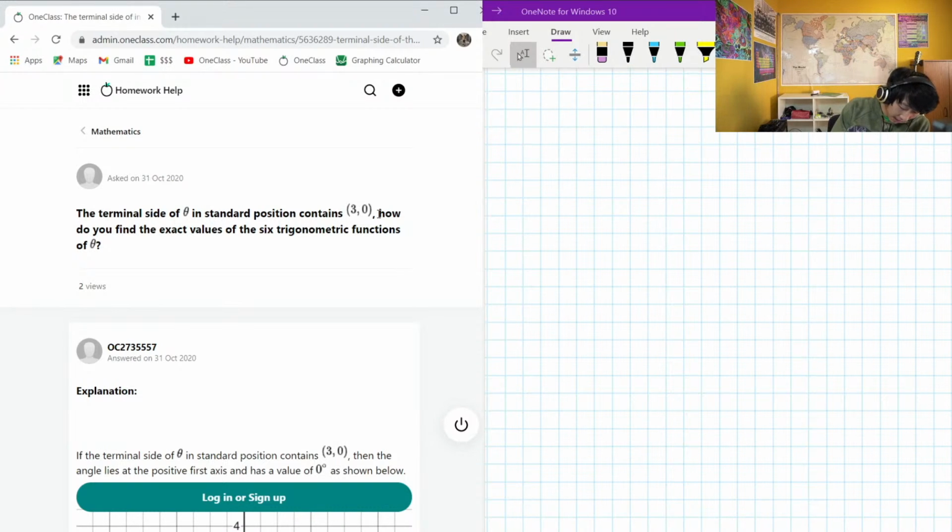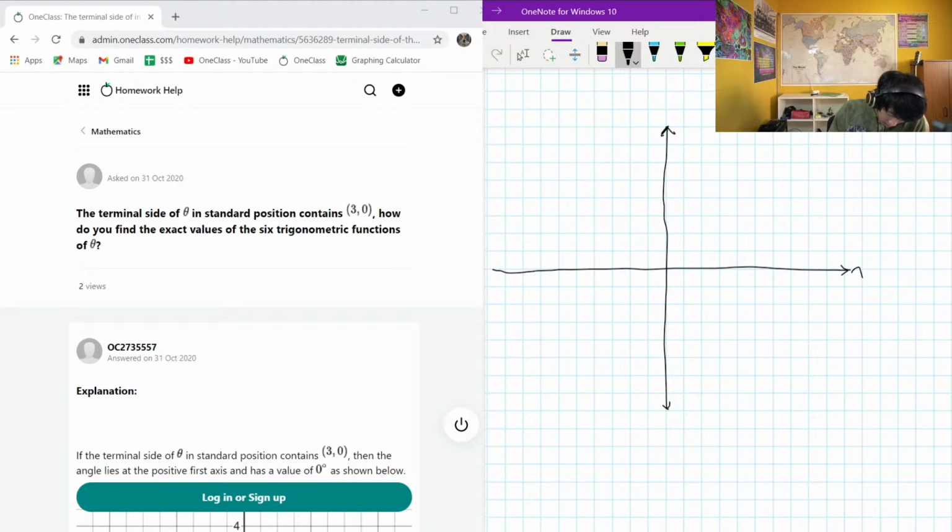Okay, so let's draw that out and see what that really means. If we were to draw an XY coordinate grid, forgive my imperfect lines. If that's the X and that's the Y, you see how the coordinate is X and Y. It says our X position is 3, so this is 1, 2, 3.